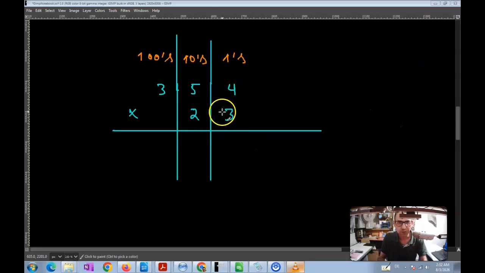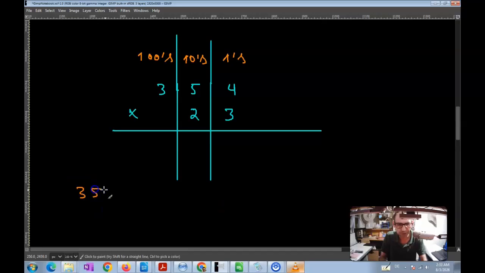First of all, we are going to keep our strategy, meaning that the 354 is nothing but a 300 and a 50 and a 4 put together.